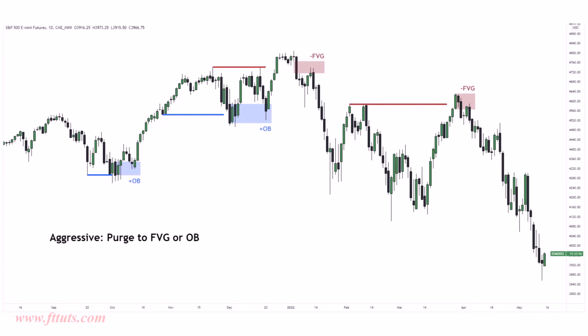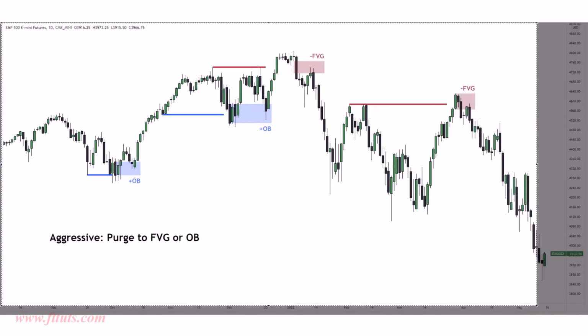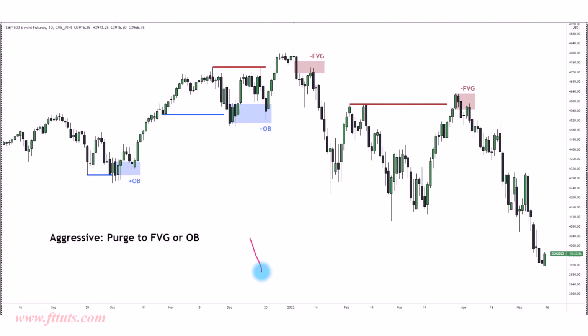So an aggressive confirmation is as soon as price takes out a low, like this, you can start looking for an order block without the break in market structure. Okay, so here we have low to order block.